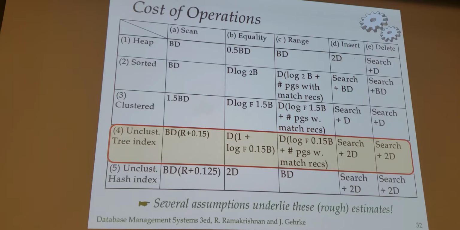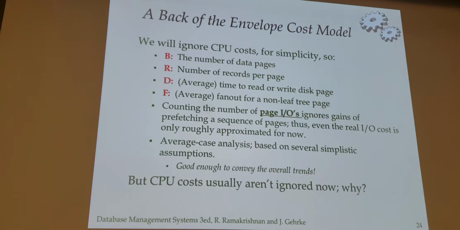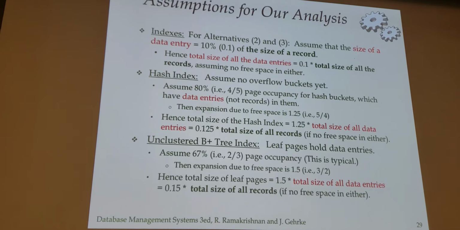Going back to the blow-up, it's going to be a factor of 0.15 times the size of all the records. B is the total size of all the records.